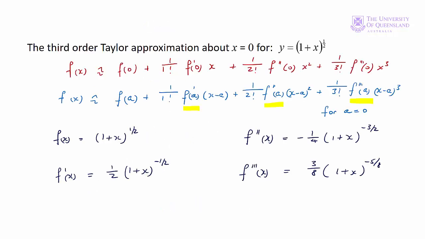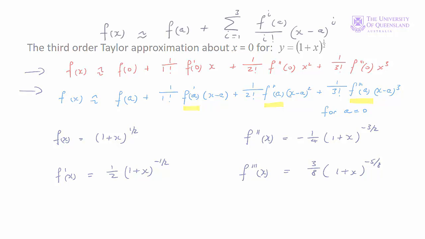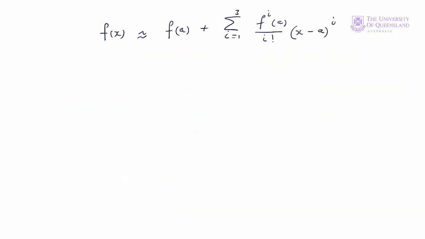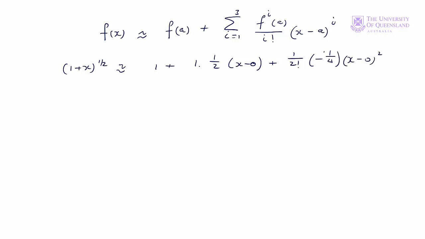We substitute these values into either of these formulas, this one or this one. As I said, I think it's simpler to use the Taylor approximation in all cases, so I'll use that. Here's our approximation in summation notation. (1 plus x) to the half will be approximately equal to 1 plus 1 times a half x minus 0, plus 1 on 2 factorial times minus 1 quarter (x minus 0) squared, plus 1 on 3 factorial times 3 on 8 times (x minus 0) cubed.